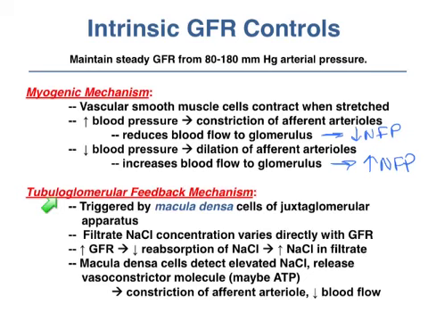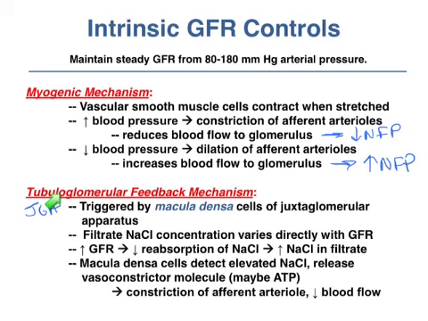The tubuloglomerular feedback mechanisms are the mechanisms that involve the JGA, the juxtaglomerular apparatus. Notice the term tubulo, because you have the tubule involved, and glomerular, you have the glomerulus involved. That's a key indicator that you're talking about the juxtaglomerular apparatus at the junction between the glomerulus and the distal tubule.